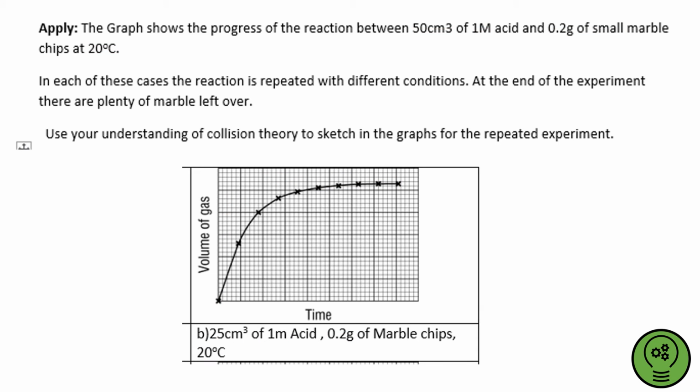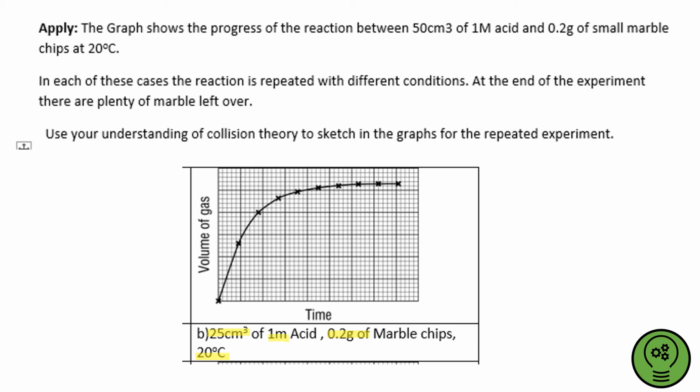Okay, so this one here then, I've got 25 centimeters cubed. Right, that's half the amount of acid. Still the same concentration, still the same amount of marble chips, and it's the same temperature as it was originally. So I've only got half the amount of reactants. Well, you would think it's not going to make it any faster or slower.